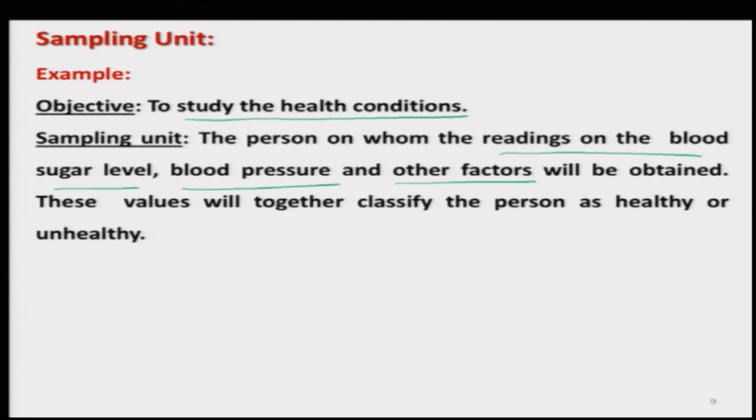And when all these values are clubbed together, then jointly they will classify the person as healthy or unhealthy. So, in this case, the sampling unit becomes the person on whom we are going to collect the data on blood pressure, blood sugar level, height, weight, age, etc. So, in this case, my sampling unit is the person.